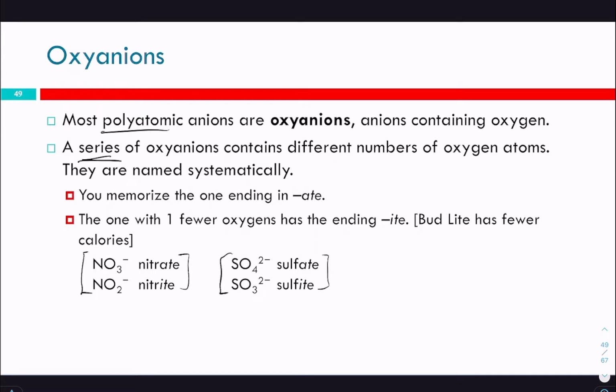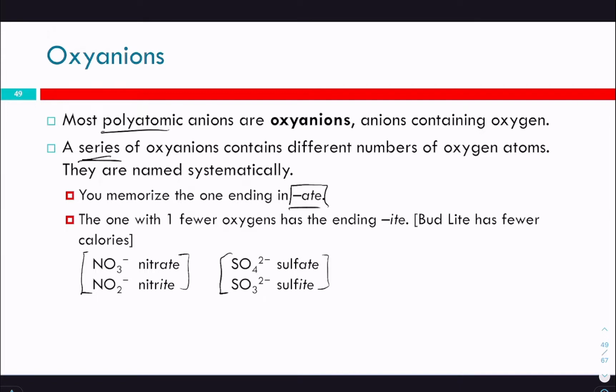You can treat the ones with endings of ATE as the base form. Some of those have 3 oxygens, some have 4 oxygens, but the rules for more or fewer oxygens in that same series are based on the name.